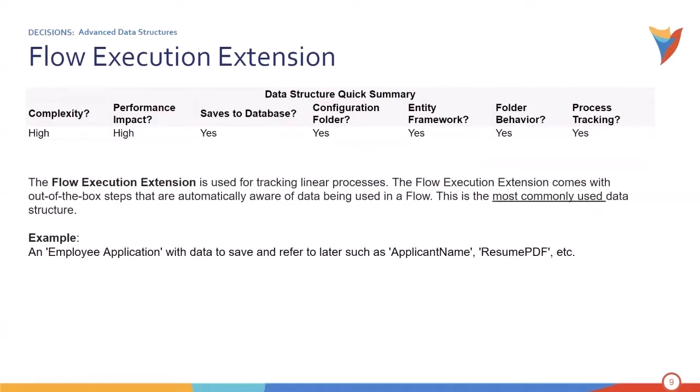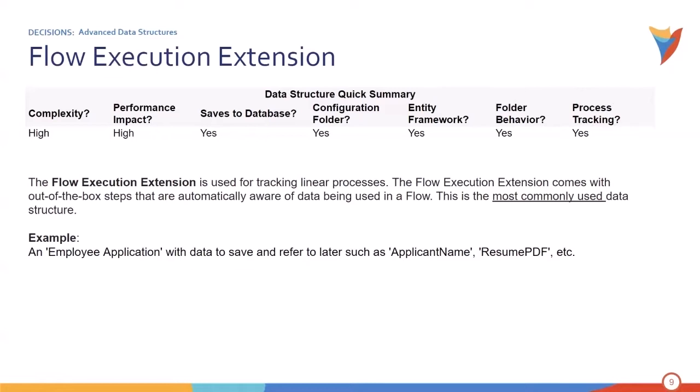It lives in the portal. It has folder behavior. And last but not least, it stores process tracking information. This is a lot. This means that a flow execution extension is going to be tied to the execution of a flow. And as that flow runs, it's going to save process data into this flow execution extension folder.